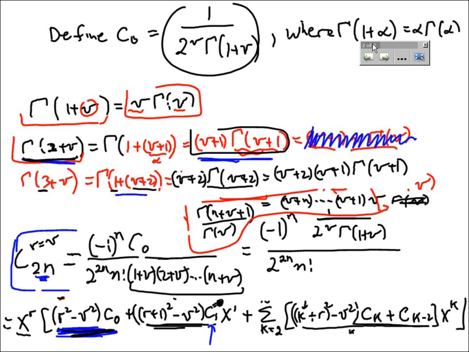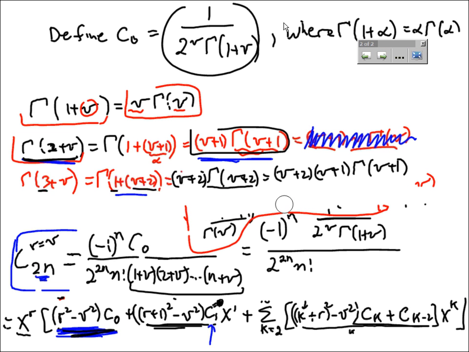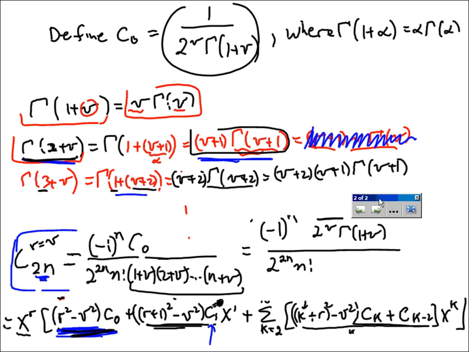Now, what if we keep doing this? What do you think gamma of n plus 1 plus v would be? Which is the same as gamma of 1 plus v plus n.